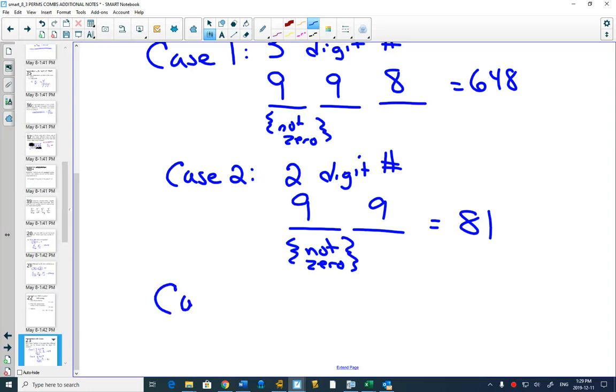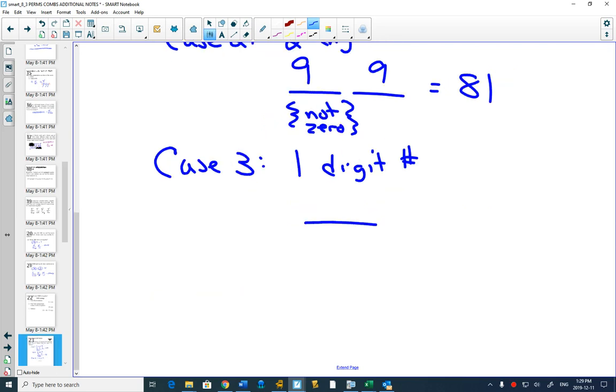And finally, case 3. A 1-digit number. And now we get into arguments. Is there any restrictions on this one? Is 0 a 1-digit number?